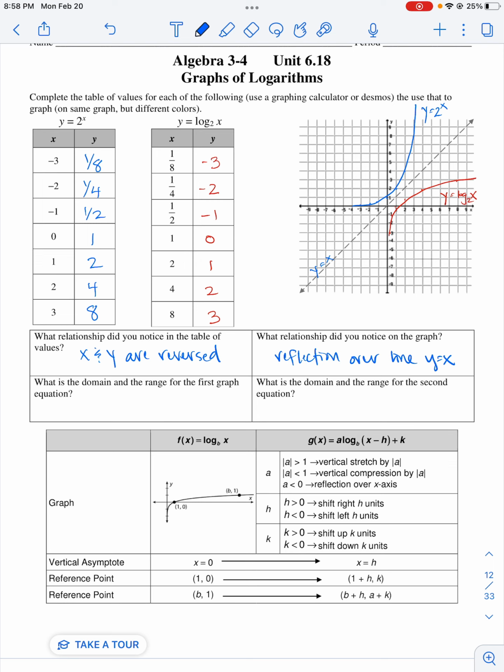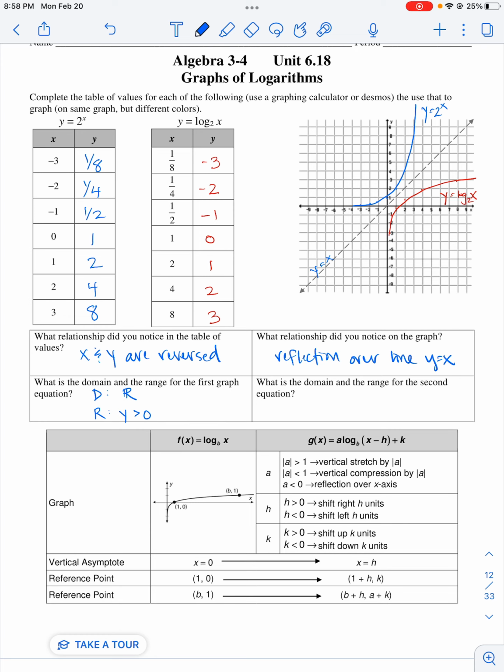The domain and range for the first graph: the domain for the first graph in blue is all x values, x of all real numbers, and the range for the exponential function is all y values that are greater than 0.